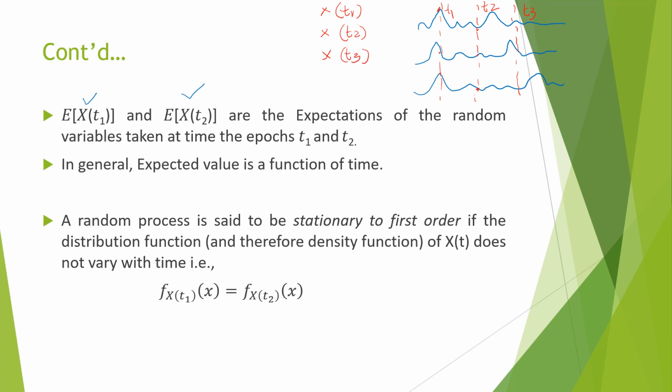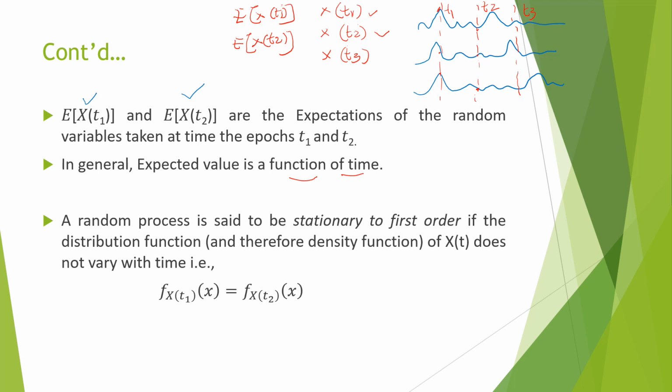Now if I find the mean of this, that is given as E[X(t1)], and if I take the mean of this value, that is marked as E[X(t2)], and so on. So in general, the mean values at time t1, t2 and t3 may be different. They are functions of time in general.